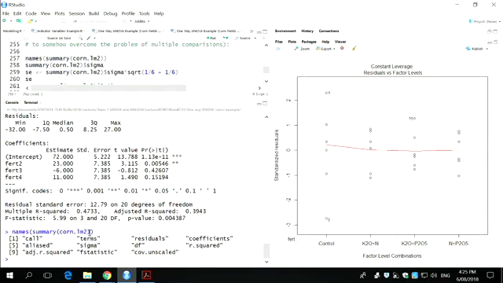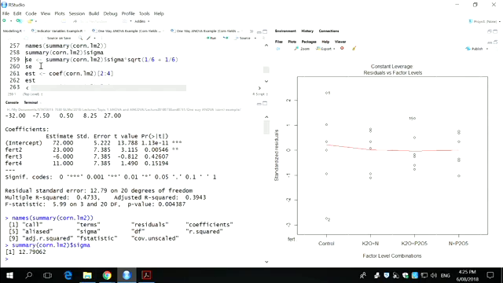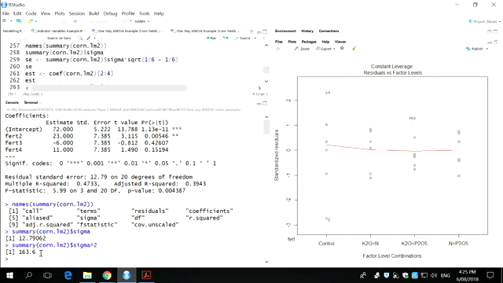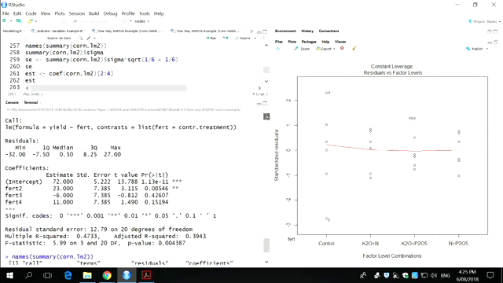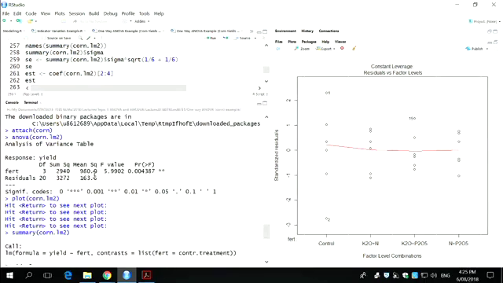Well, if I look at the names in the summary, I find there's one called sigma. What's in that? A quick check. Square it, and it's 163.6, which is the error mean square. So I've got sigma stored away somewhere nice and handy.